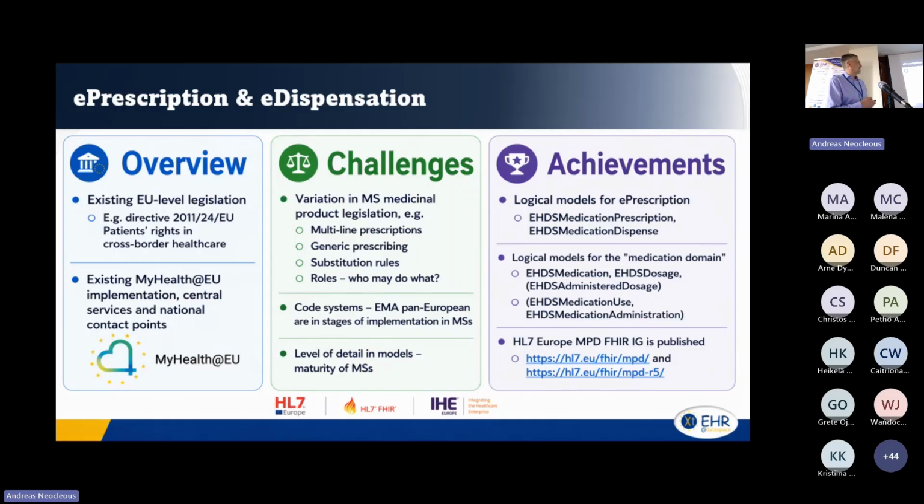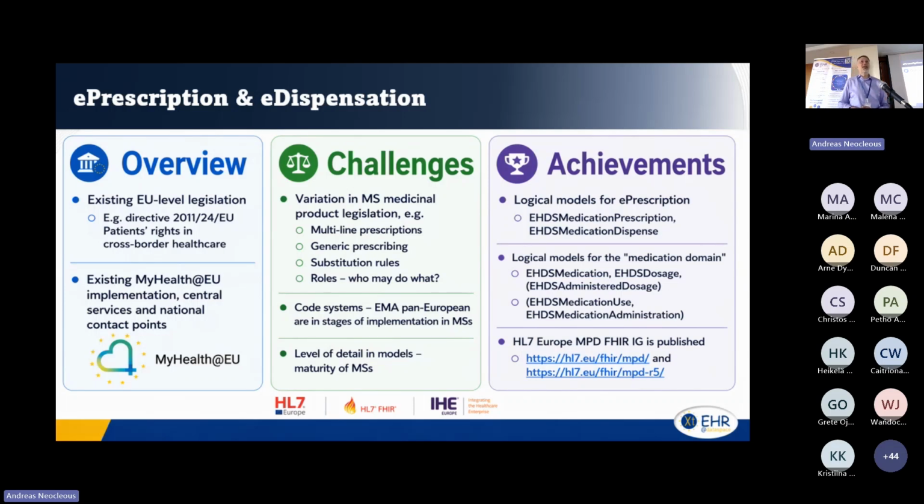We were at that legislation has already regulated e-prescriptions on a cross-border level. So, for example, member states should recognize each other's prescriptions. That's there. And then the other part, similar to the patient summary, there is already an existing MyHealth EU implementation, and this is probably the more used of the two services.